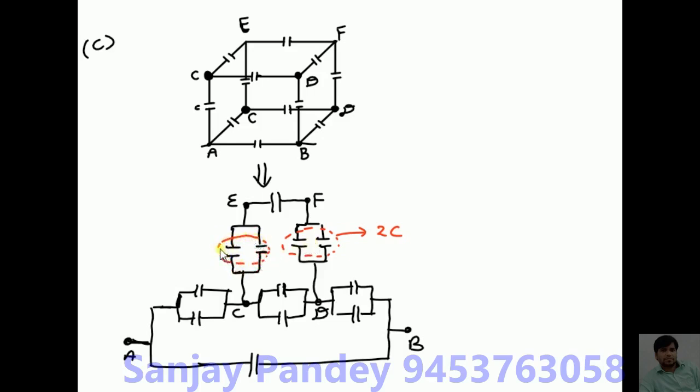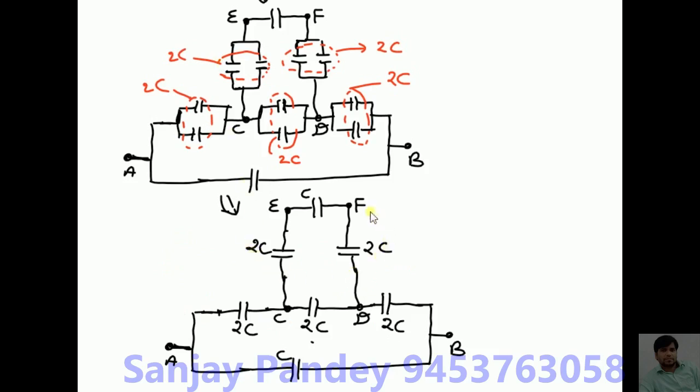The resultant of these two capacitors is also 2C, these two capacitors is also 2C, and this is also 2C. So the new circuit diagram is this.